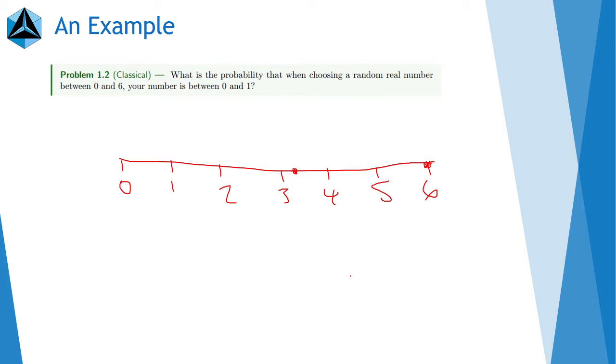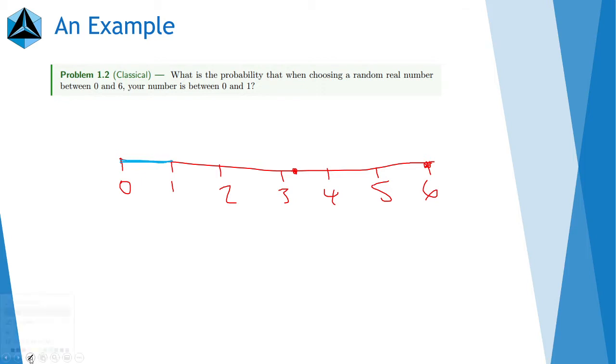So we represented all the real numbers between 0 and 6 on this number line, and we want to know the probability of choosing a random real number between 0 and 1. This segment right here, that is the one we want.